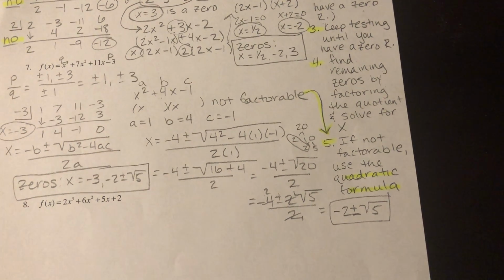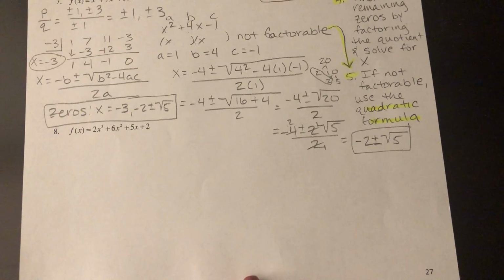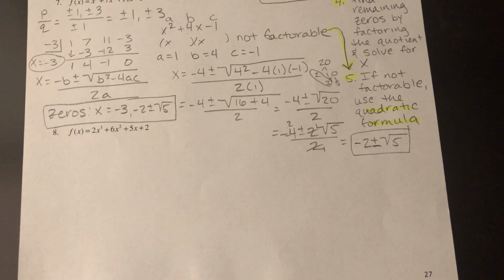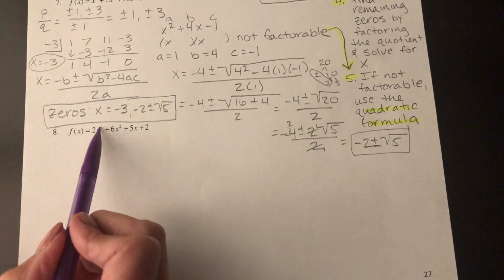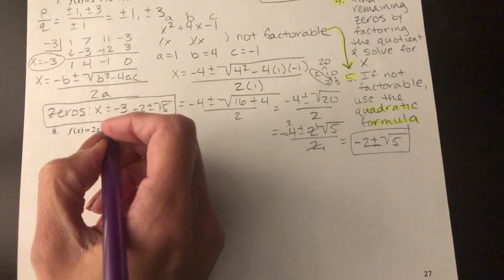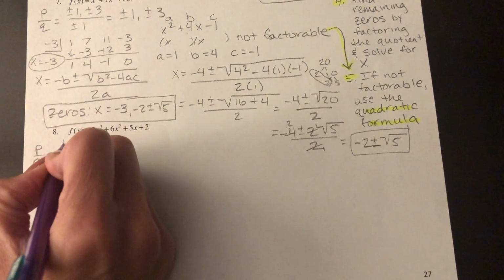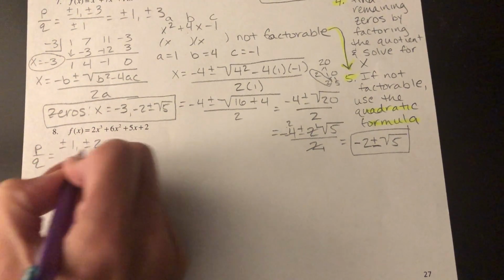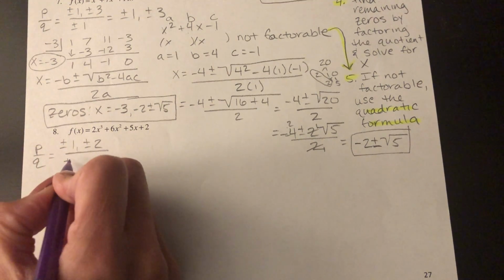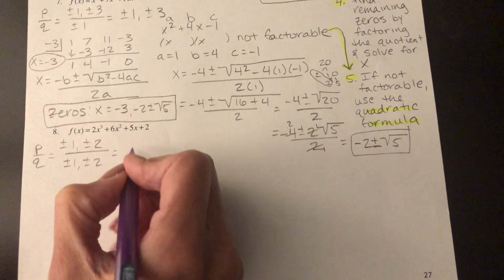All right, try number 8 on your own. Go ahead, pause the video there. All right, let's check it. So make sure they're in order. 3, 2, 1, constant. Find your P and your Q and list the factors. Simplify those out.